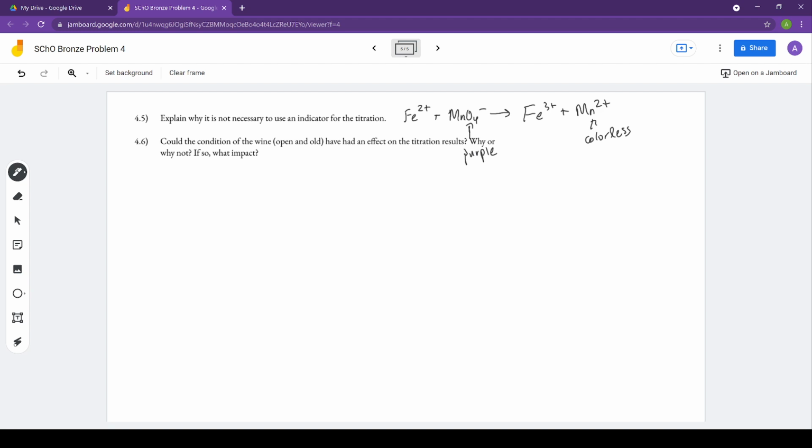So basically it acts as its own indicator, right? When the solution becomes colorless, I know that the MnO4 minus, the permanganate, has all reacted, and I know that basically we're at the end point.